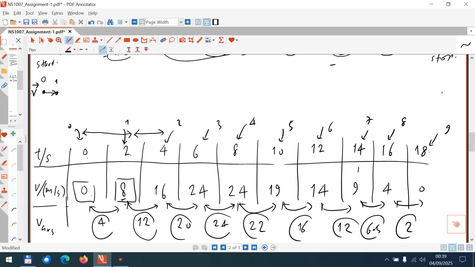So if I use this vector for the average velocity between frame 0 and frame 1, of length 4, the next has to be 12, and 12 is 3 times 4, right? So the next one has to be 3 times larger. So if this is 4, this will be 1, 2, 3 times 4.